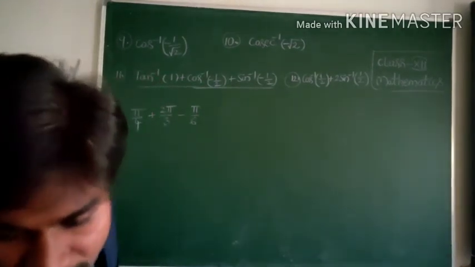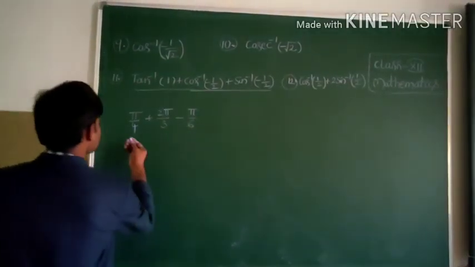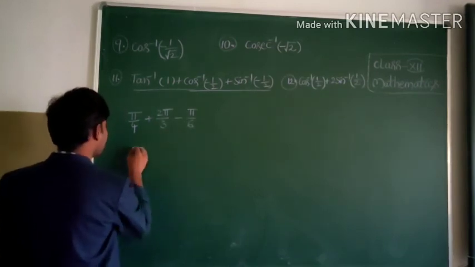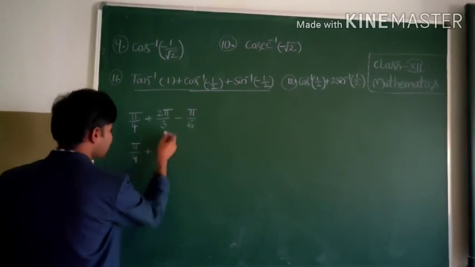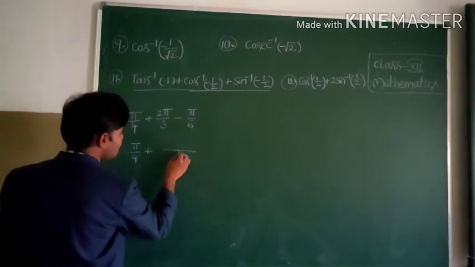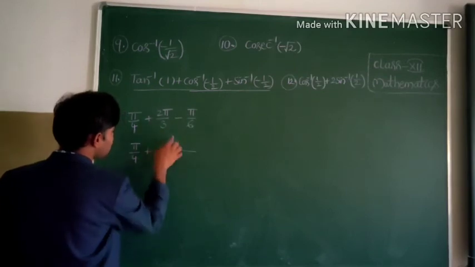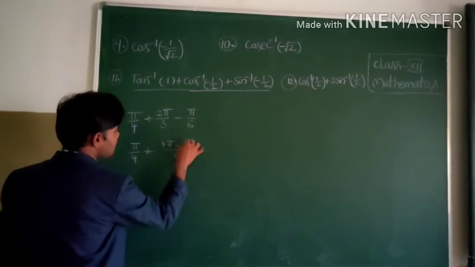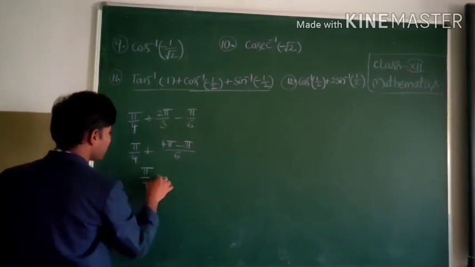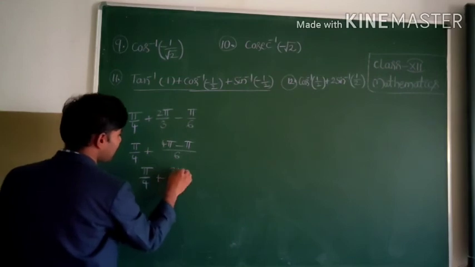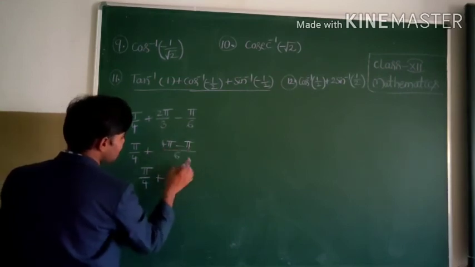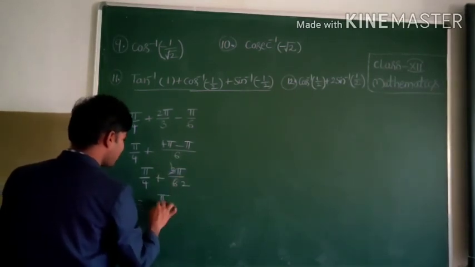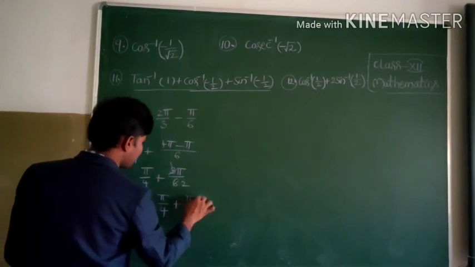Okay, now let's see how we can calculate this. Just do the LCM for these two. You can directly calculate 5 by 4 plus, 3 and 6 LCM is 6. So 3 two times is 6, so 4 pi, minus 6 one time is 5. So 5 by 4 plus 3 pi by 6, which is 5 by 4 plus 5 by 2.